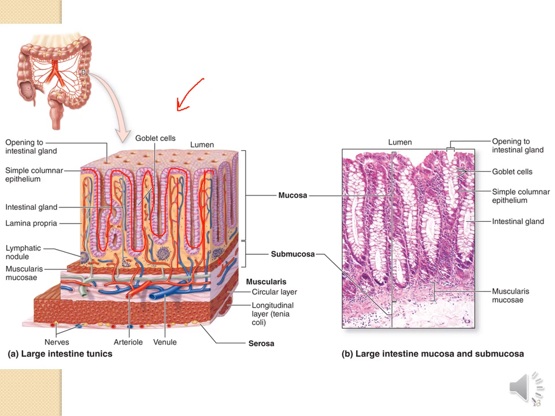Under the mucosa, we have the submucosa formed of connective tissue. Finally, we have the muscularis externa. Now, the outermost layer of the large intestine could be either a serosa or an adventitia, depending on whether the part of the large intestine is covered by peritoneum or not.